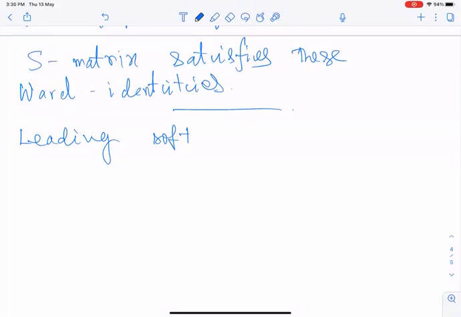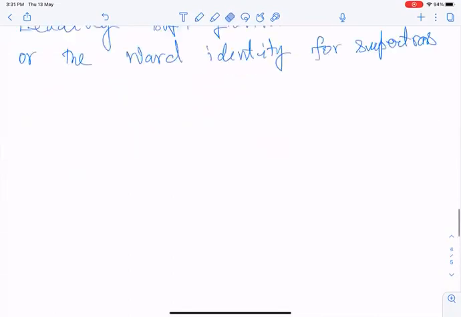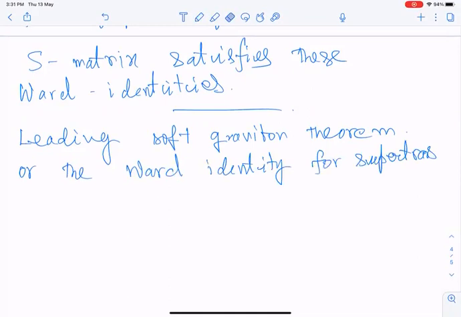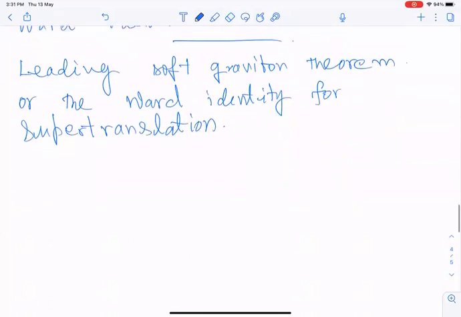Please. So the leading soft graviton theorem, or the Ward identity for super translation. What is the leading soft graviton theorem?